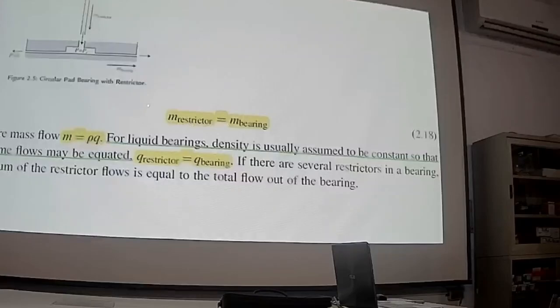So from equation 2.18, you can change it to this one: the volume flow rate through the restrictor equals the volume flow rate out of the bearing.